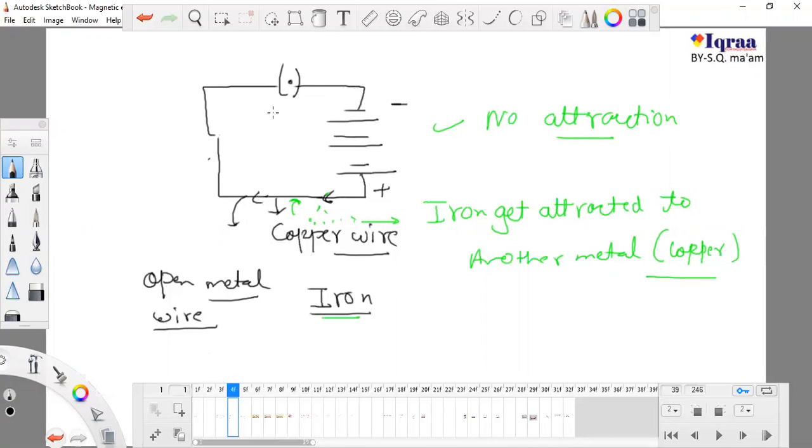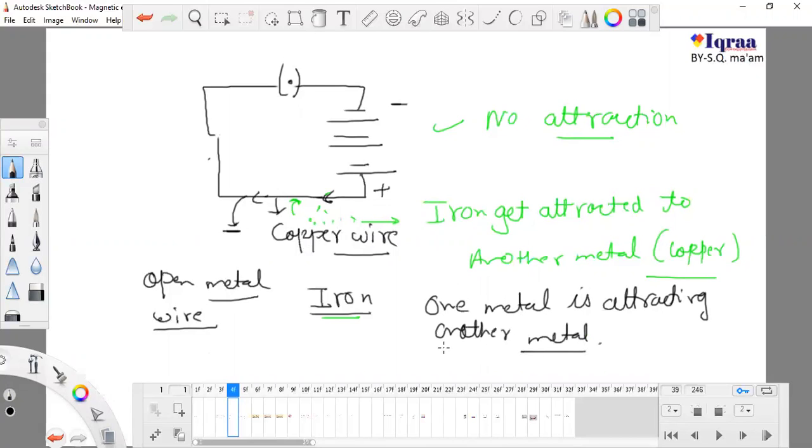When there is no electricity, there is no attraction. But when there is electricity, the question is: how is it possible that this copper wire, which is a metal wire, is attracting these iron flakes? How can one metal attract another metal?